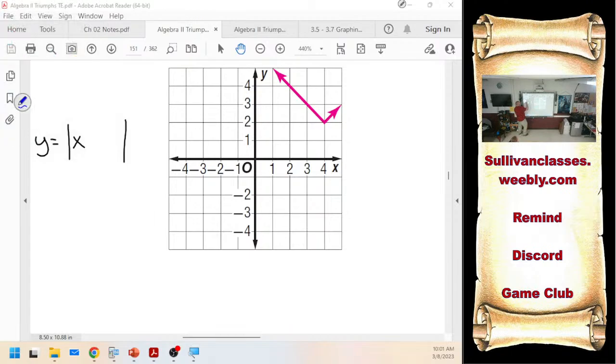So if I go right 4 and up 2, do you got those notes? Do you got that cheater to say where those numbers go? Left and right goes inside. Up and down goes outside.